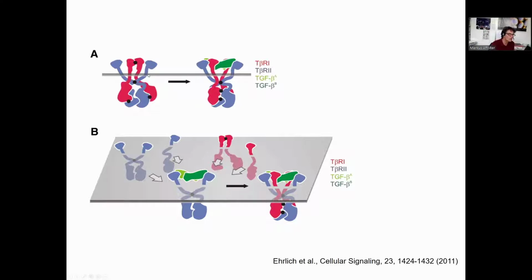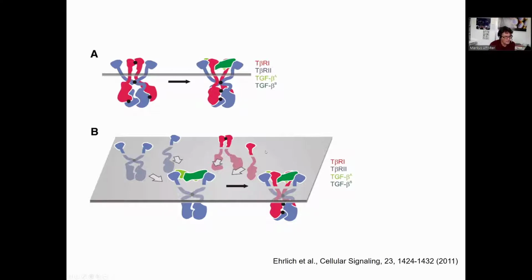There's no structure of a DPP or a TGF-beta receptor embedded within the membrane with its extracellular ligand binding domain and the intracellular serine threonine kinase. There's no such structure. And there is no structure of a full signaling complex here, of course, because you need the membrane, and then even if you have this structure, you still don't know how it comes about.